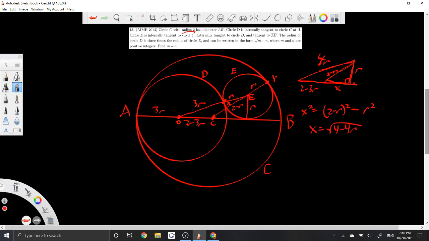Now from this big right triangle, we have that (X plus 2 minus 3R) squared equals (4R) squared minus R squared. So X plus 2 minus 3R equals, doing this out and square rooting, square root of 15 times R. So X equals square root of 15 R minus 2 plus 3R.